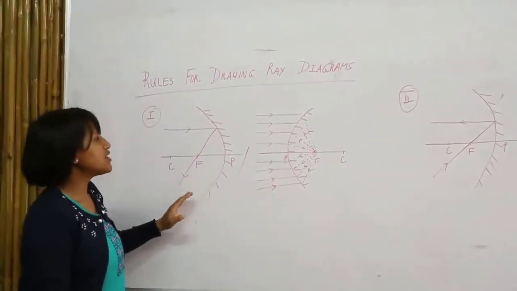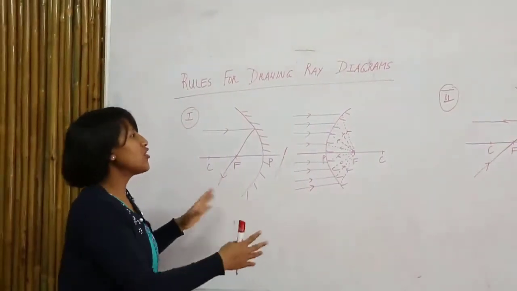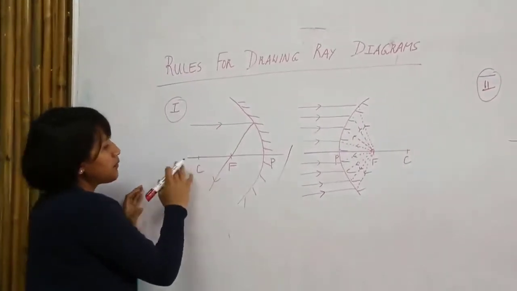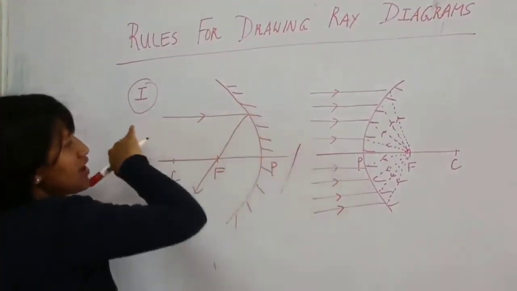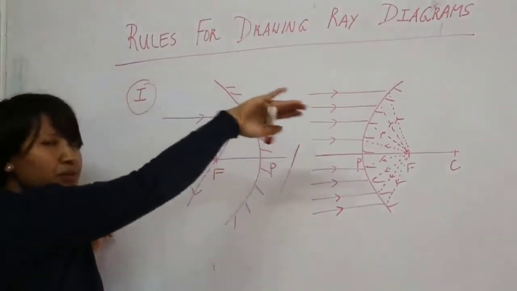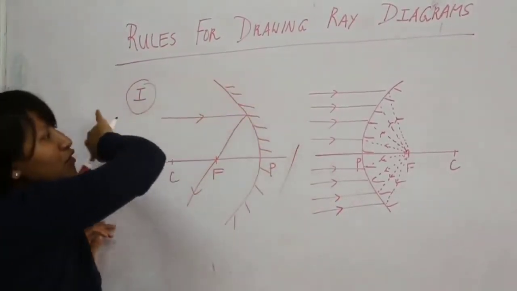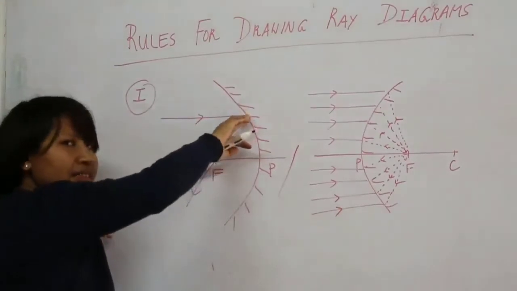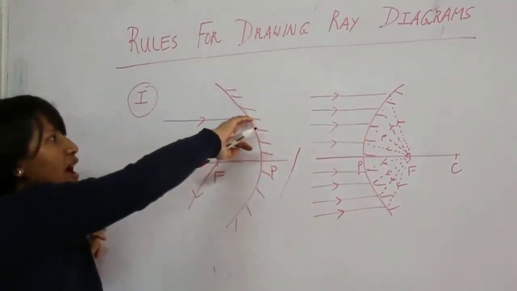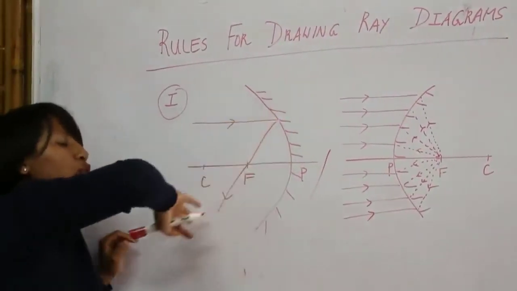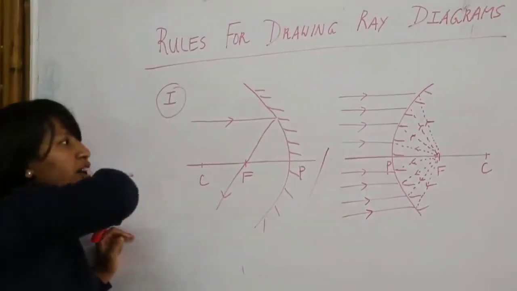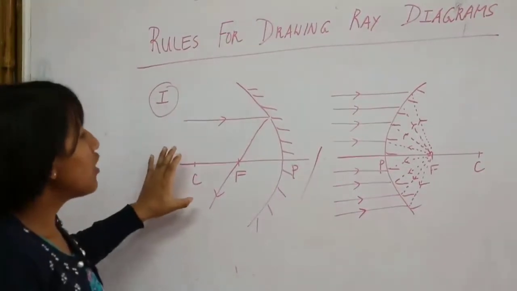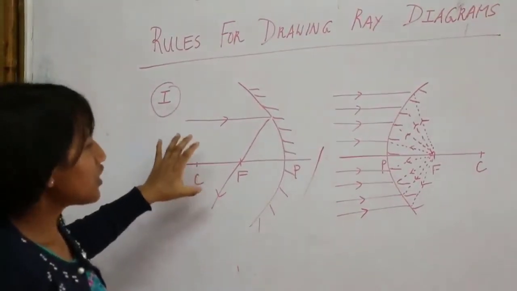The first, actually in any order, is this: this is a concave mirror, this is a convex mirror. A parallel beam of light, when it strikes this mirror, after reflection will always pass through the focus. That is the first rule, for a concave mirror.